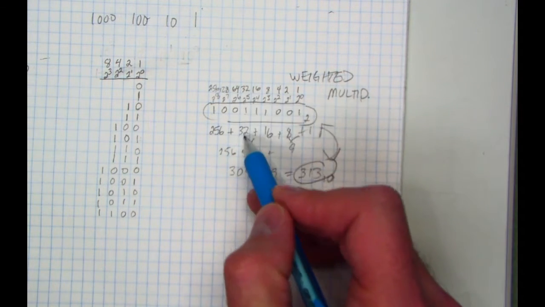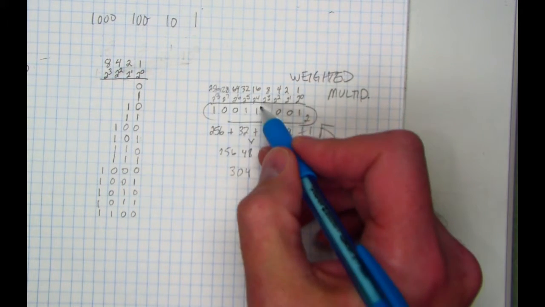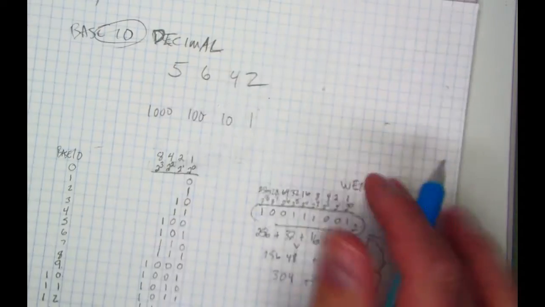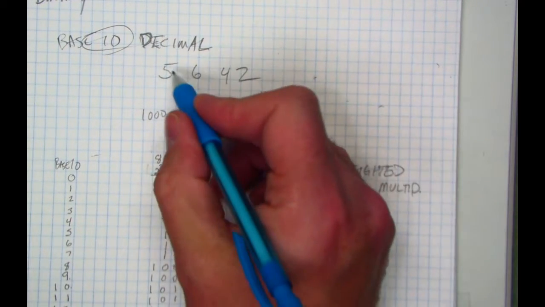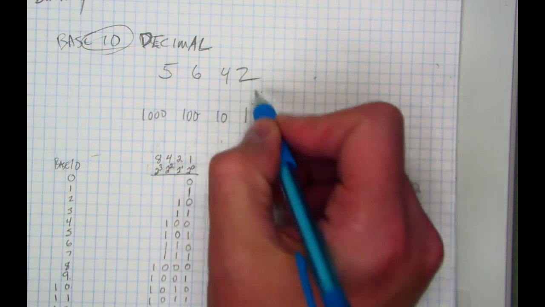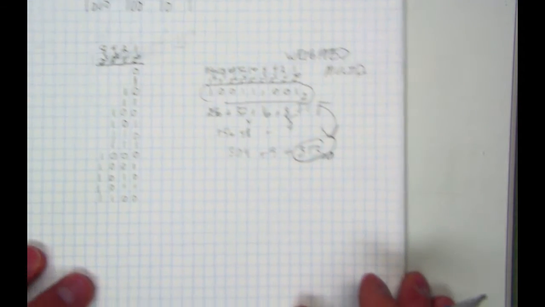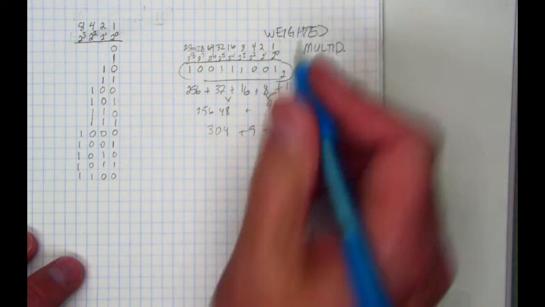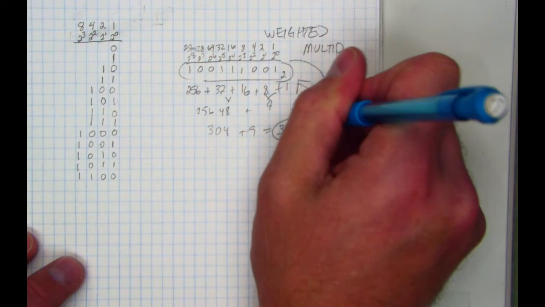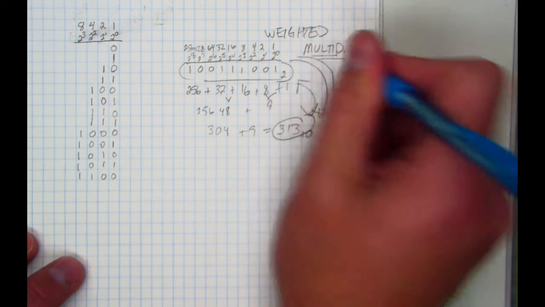Then 32 times 1 is a 32, so on and so forth. That's weighted multiplication. What is the weight of the column? Then you multiply it. Same as we do in decimal: 5 times 1,000, 6 times 100, 4 times 10, 2 times 1, but we're just so used to it that when we see this number, we know exactly what that number means. Okay, so that's weighted multiplication. It goes from binary into decimal.